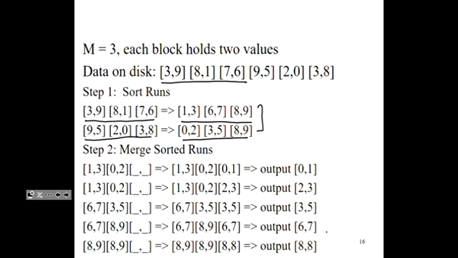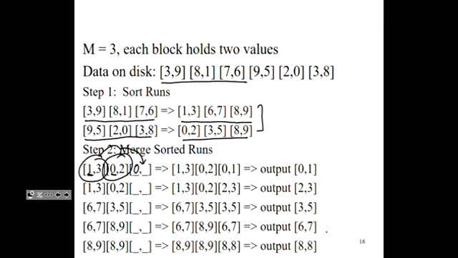Now I need to do a merge. My merge is basically going to grab 1 block from run 1, 1 block from run 2, and try to do a merge of these 2 and then store it in the output block. So I'm going to look at 1 and look at 0, pick the smaller of the 2 values, store it in the output, so that's going to be 0.